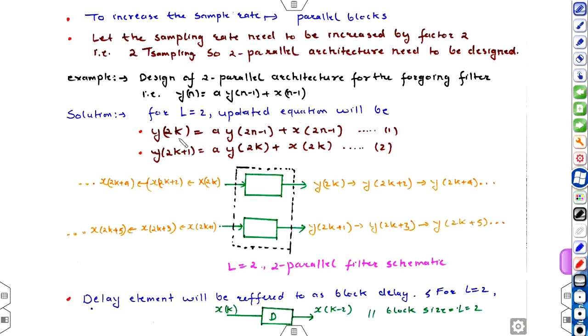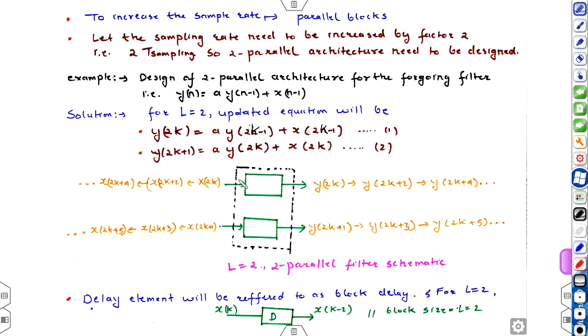So y(2k) can be written as a into y(2k minus 1) plus x(2k minus 1). In place of n just put 2k. And for the second equation, in place of n put 2k plus 1. So y(2k plus 1) is equal to a into y(2k) plus x(2k).